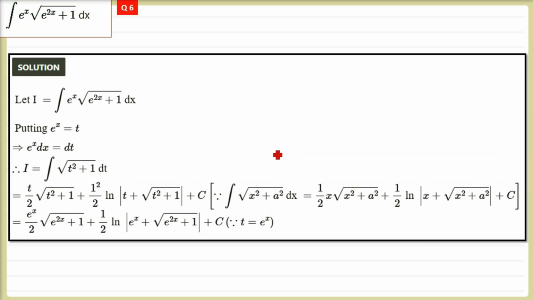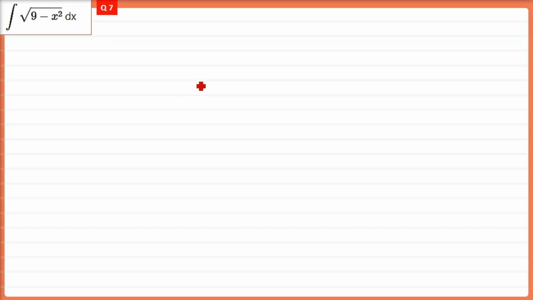And for the reference, I'm showing it to you. One more important thing is the formula for under root 9 minus x square. Now this is a straightforward formula only. We have to apply the formula of a square minus x square, because 9 can be written as 3 square and x square is already x square.